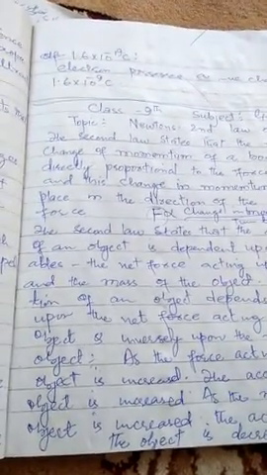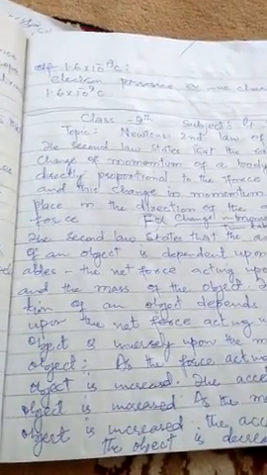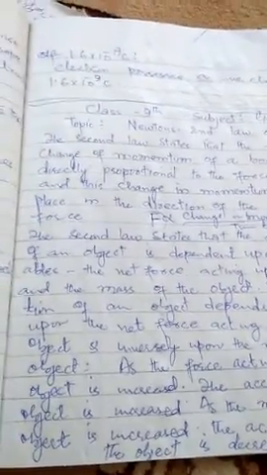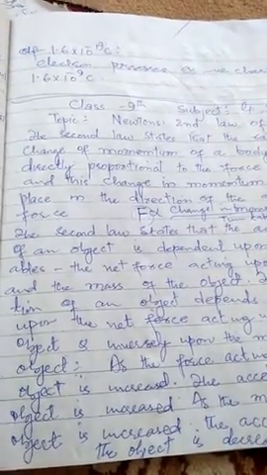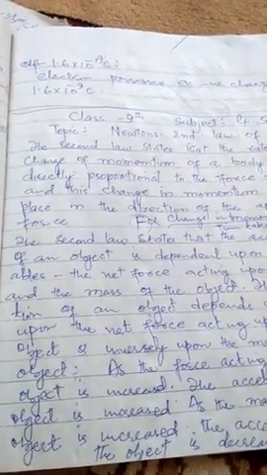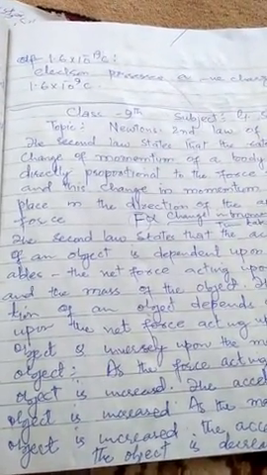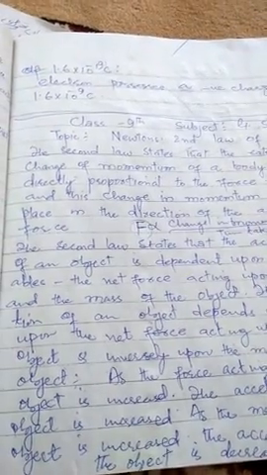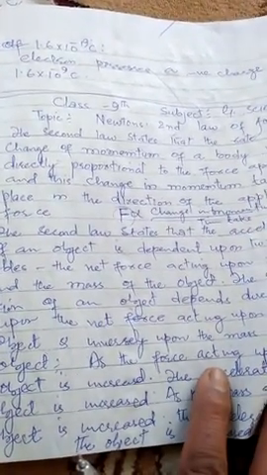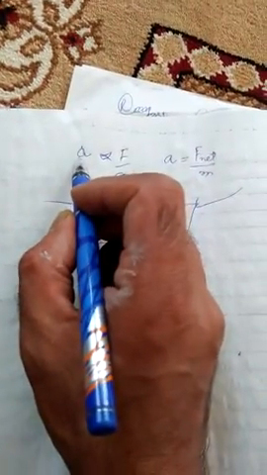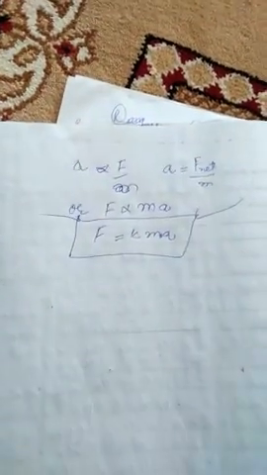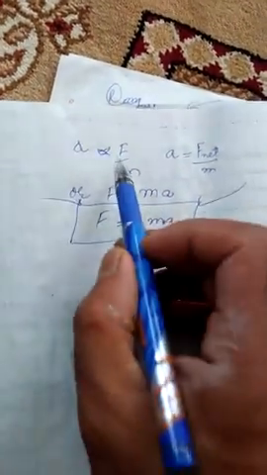Acceleration produced in an object by applying force is directly proportional to the magnitude of the force applied on it, and is inversely proportional to the mass of the object. So we can say that acceleration produced in an object directly depends upon the force.